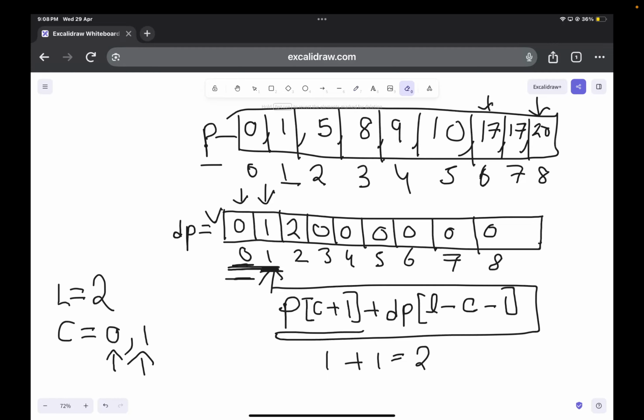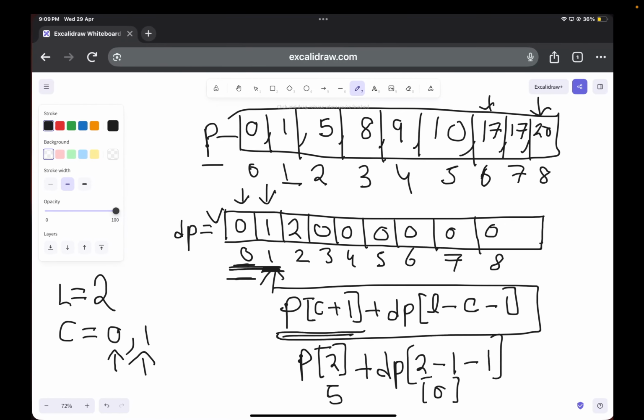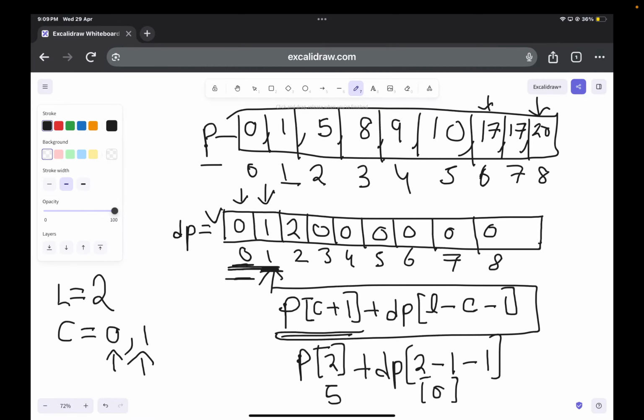What is 1 plus 1? 2. So what is P of 2? Price of 2 is 5. 5 plus dp of L, length 2 minus cut 1 minus 1, so 2 minus 2 is 0. What is dp of 0? dp of 0 is 0. And price is 5. So 5 is greater or 2 is greater? 5 is greater, so you will replace it with 5 here.